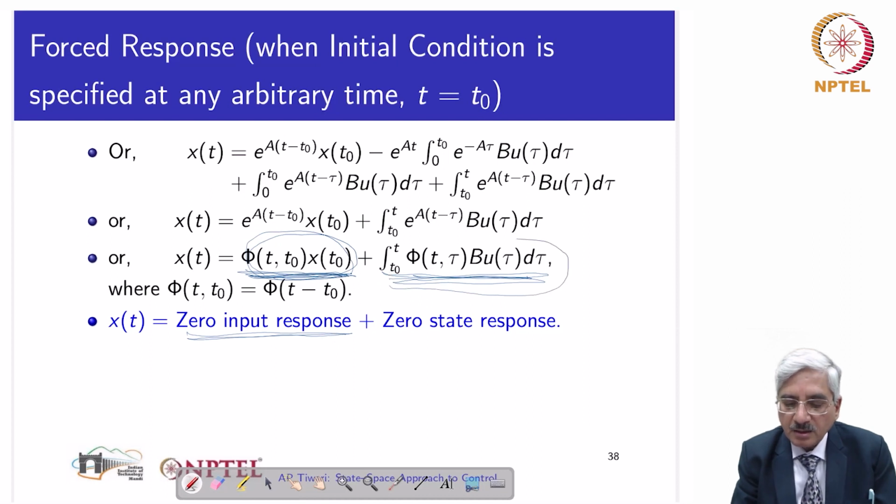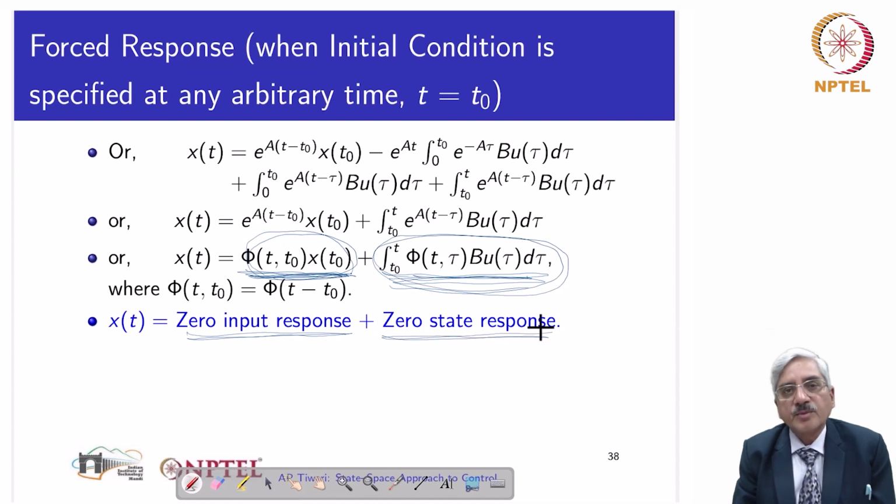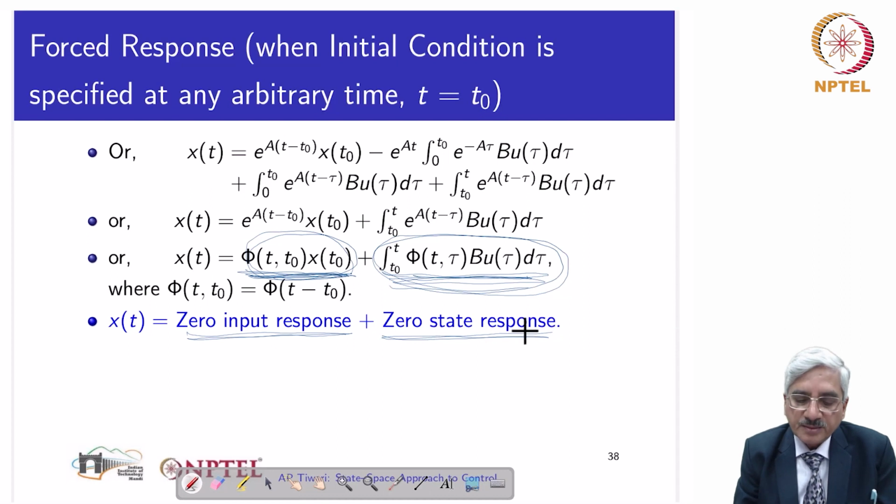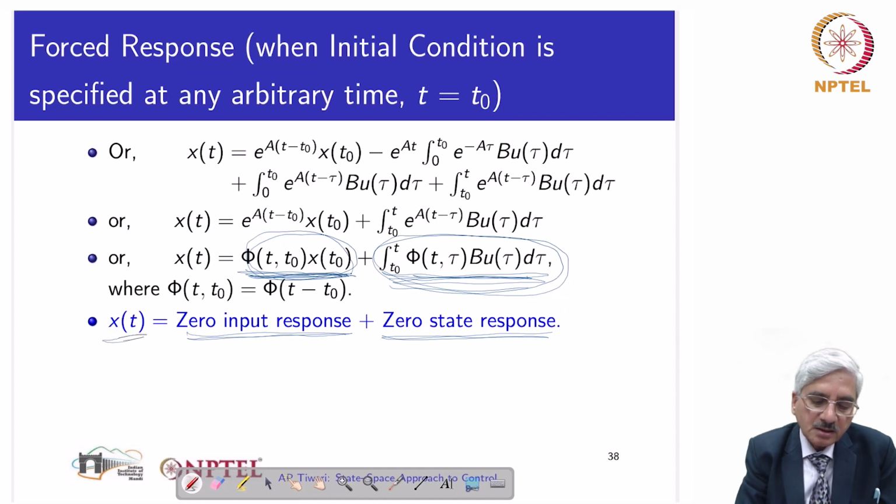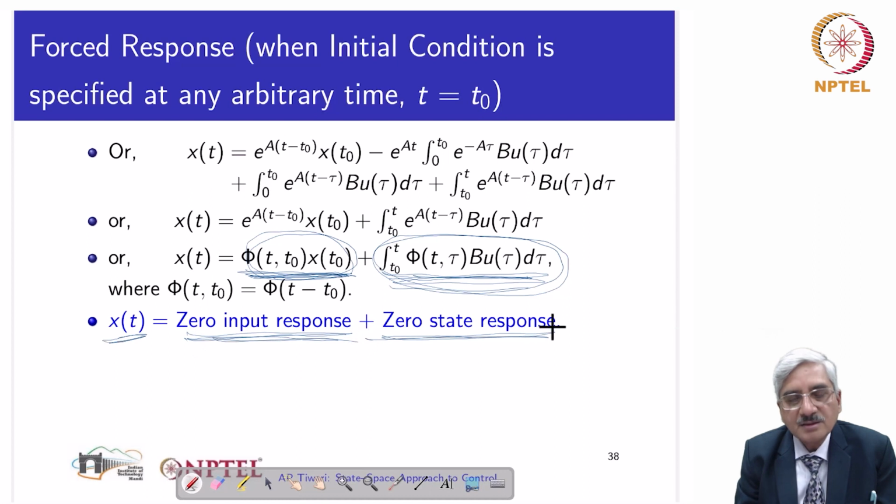And this part, in which the initial state doesn't appear, is known as the zero state response, or the response of the system in the absence of initial condition. So the total response x(t) is the summation of the zero input response and the zero state response.